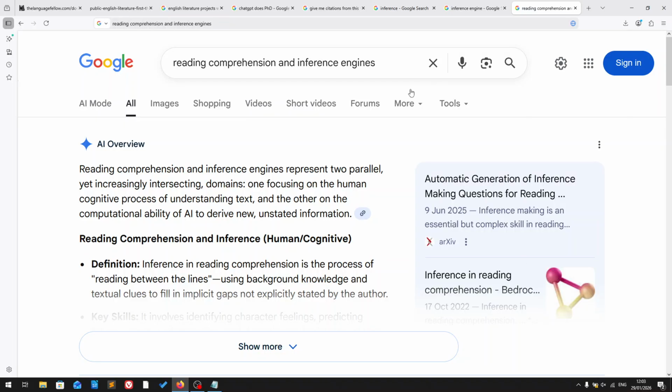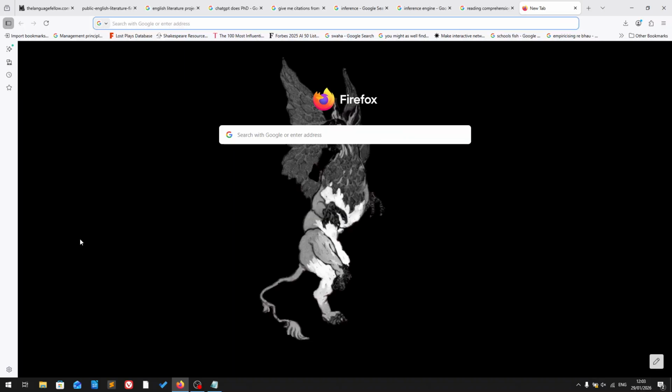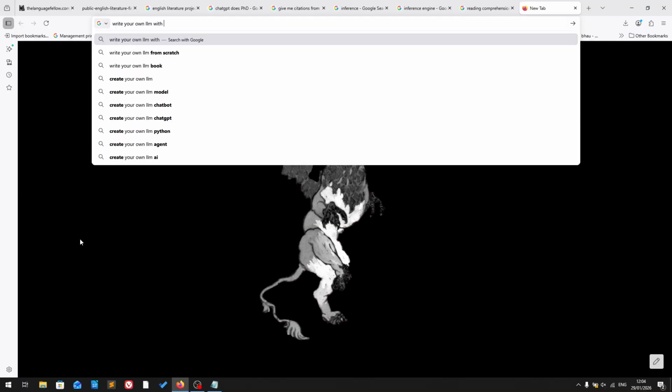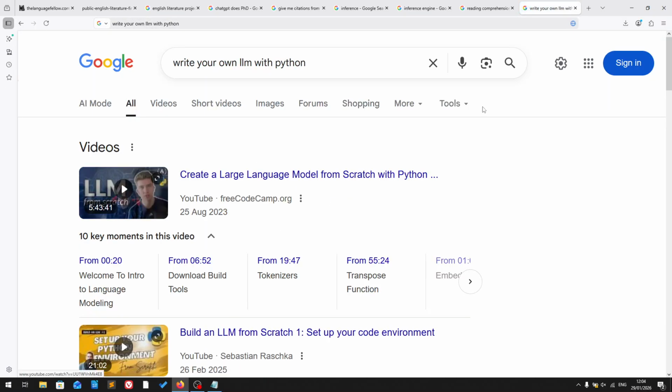So we started with English literature projects. I give you a very particular thing. So that's a very ambitious thing, and of course you need the resources, you need the know-how, you need the mathematics, and just write your own LLM with Python. Well, anyone can write scripts.